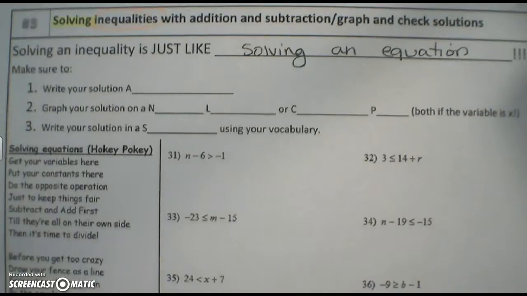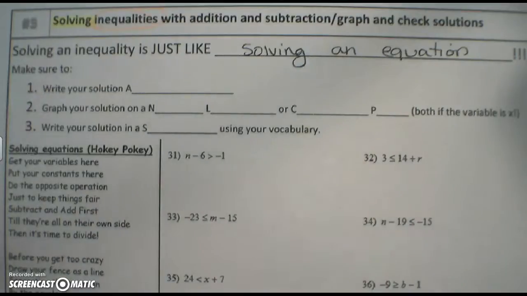So we get our variables here, put our constants there, do the opposite operation just to keep things fair, subtract and add first till they're all on their own side, and then it's time to divide. Woo! So you probably remember that song.